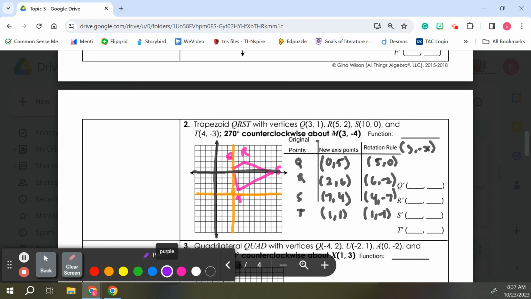All right. Who has these points? The actual points. Actual factual points from going back to the original grid.